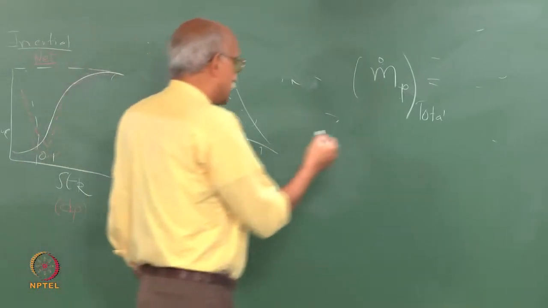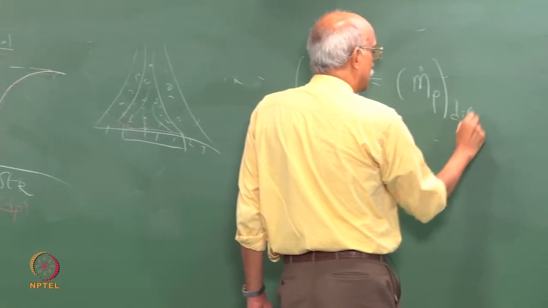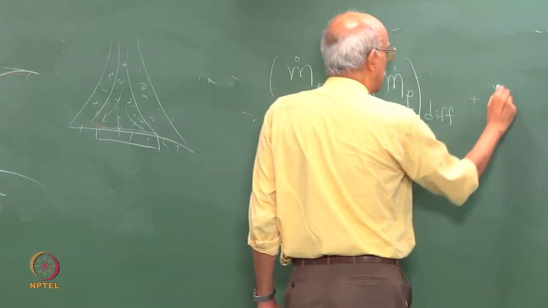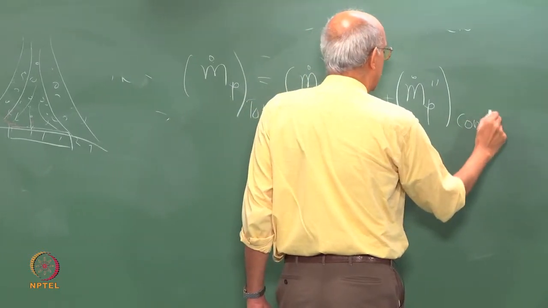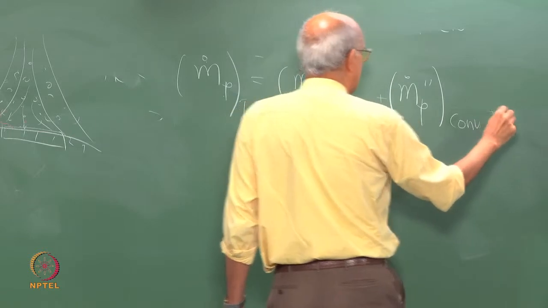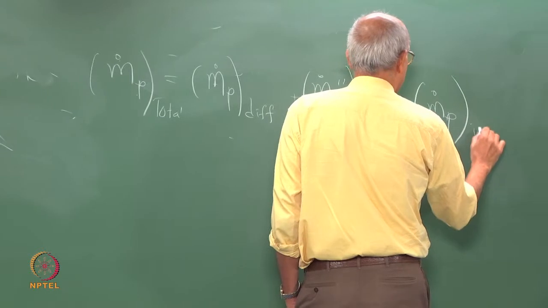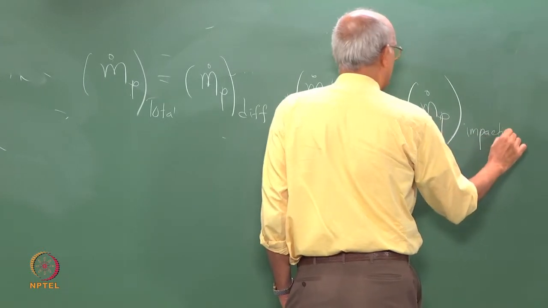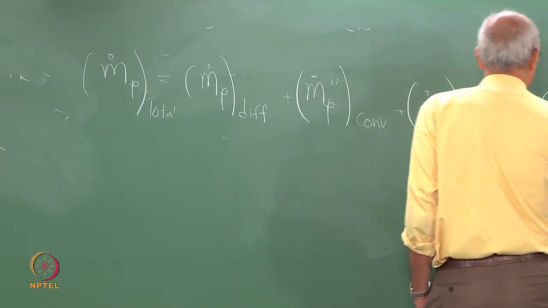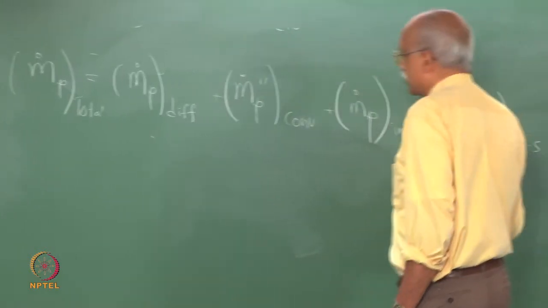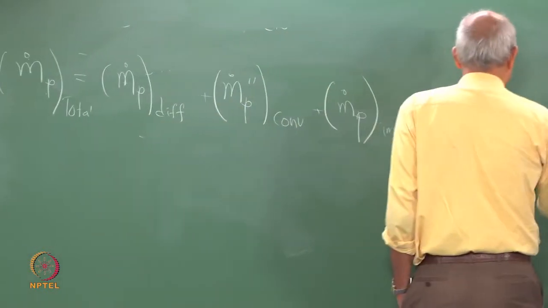If you look at this parameter, this is the sum of MP dot due to diffusion plus MP dot due to convection plus MP dot due to impaction or inertia plus MP dot due to electrostatic effects and so on. There is also an MP dot due to phoresis, phoretic effects.